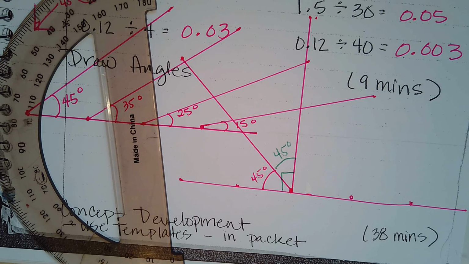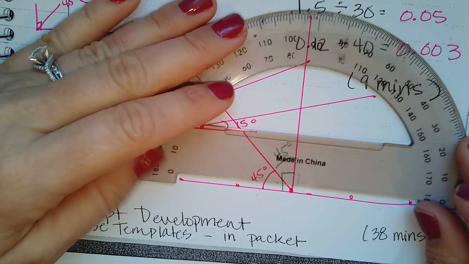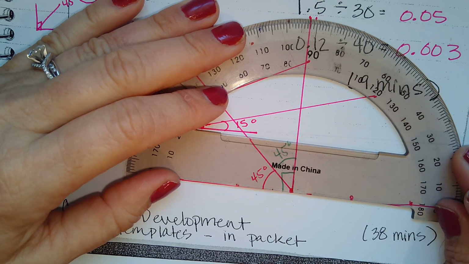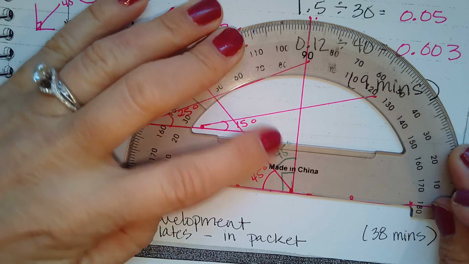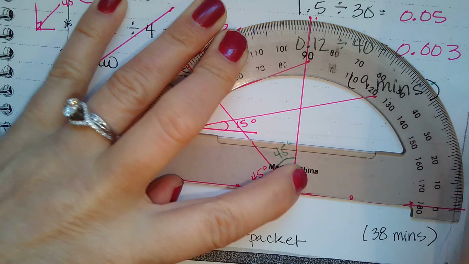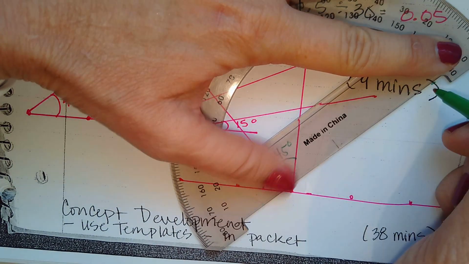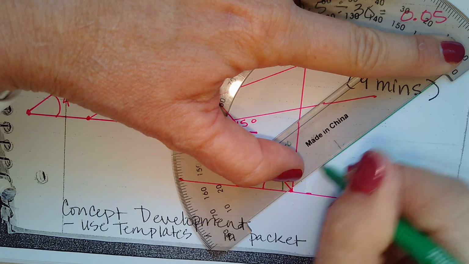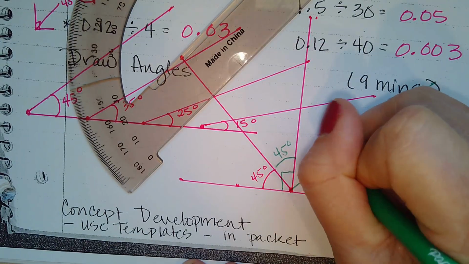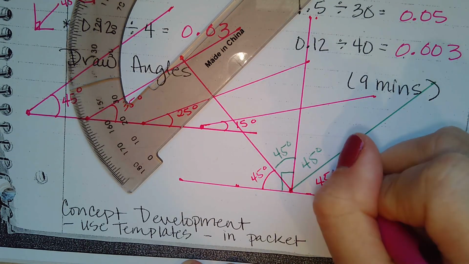All right, now, what if I drew another 45-degree angle over here? Oops, over here. So here's 45, and then what would be down here? That's right, 45.